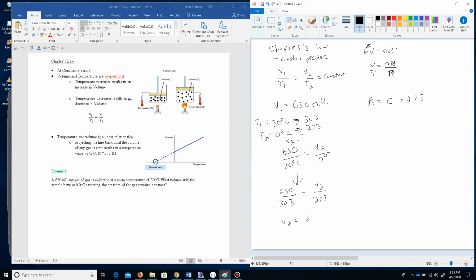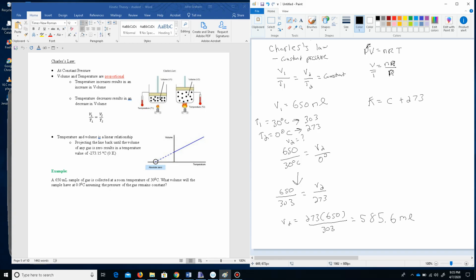So V2 equals 273 times 650 over 303, which is 585.6 milliliters.